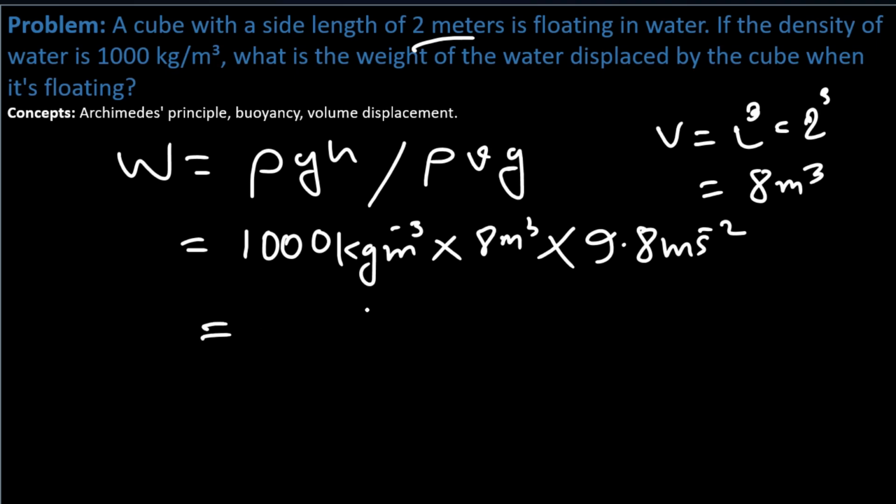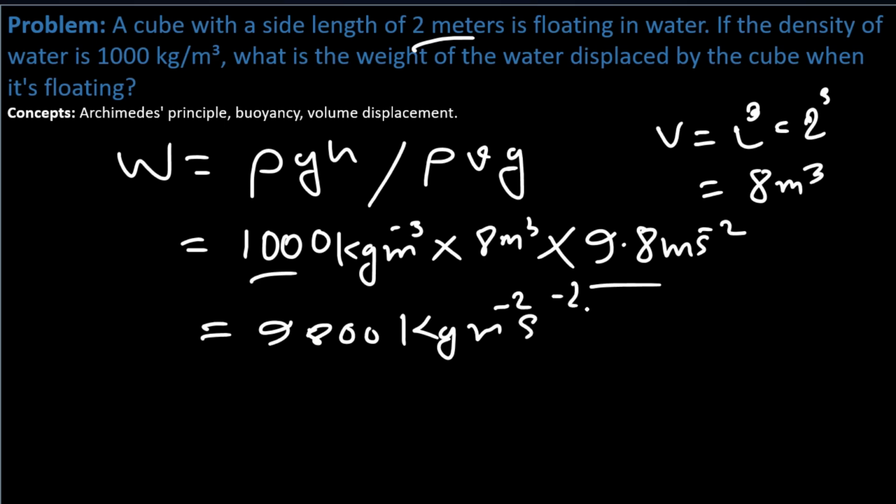So now we will get here 1000 times 9.8 equals 9800 kilogram meter square per second square, times 8 meter cube.